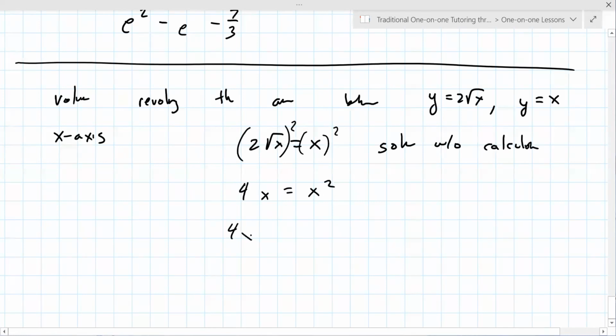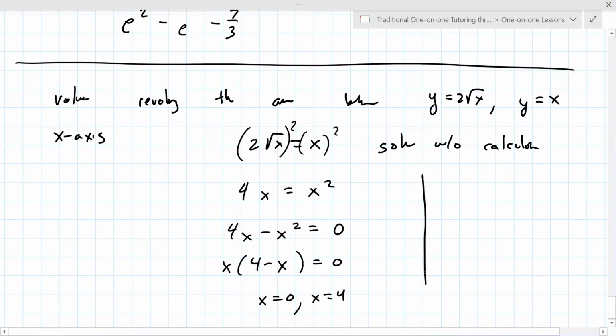Move this over. Factor out an x. And you get x equals 0, x equals 4. That might be consistent with what you see the graph looking like: y equals x looks like that, and 2 square root of x looks like that. You can actually see they intersect up here.